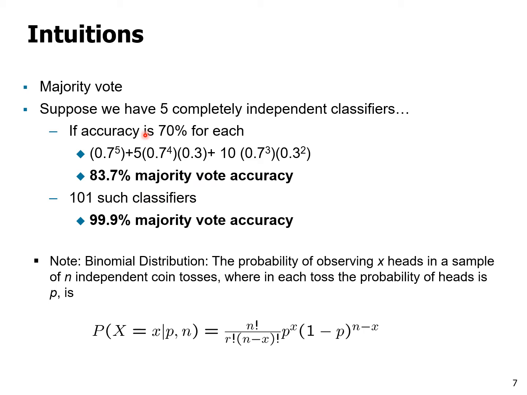So if you keep adding more, say you want to have 101 independent classifiers, this accuracy now jumps to 99.9%. So even though the individual accuracy is 70%, by combining 101 completely independent classifiers, accuracy now jumps to 99.9%, which is super excellent, right?